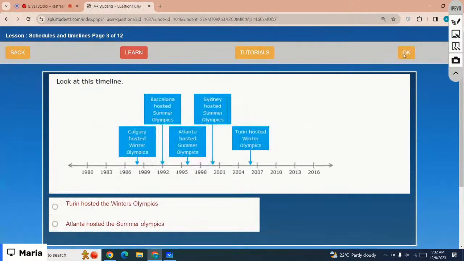Look at this timeline. Turin hosted the Winter Olympics or Atlanta hosted the Summer Olympics.